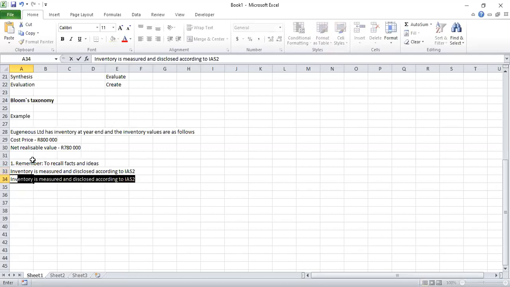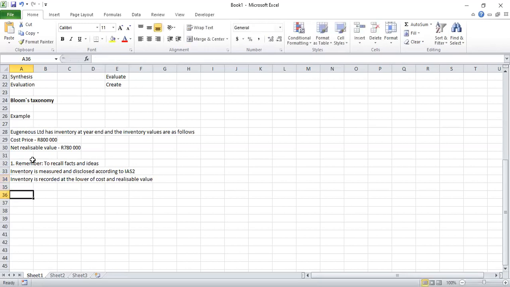And inventory is recorded at the lower of cost and realizable value. Then you can even go further.